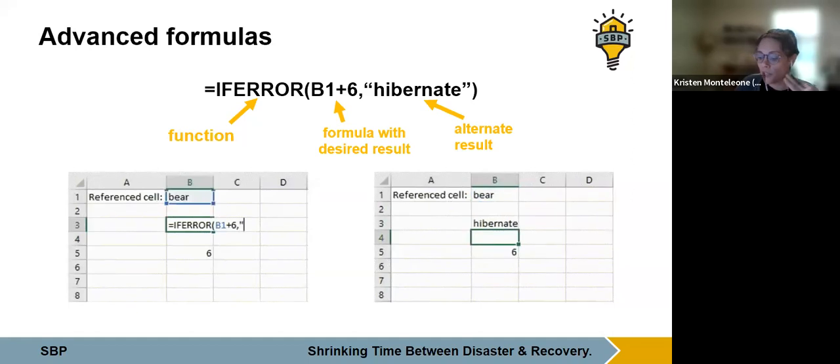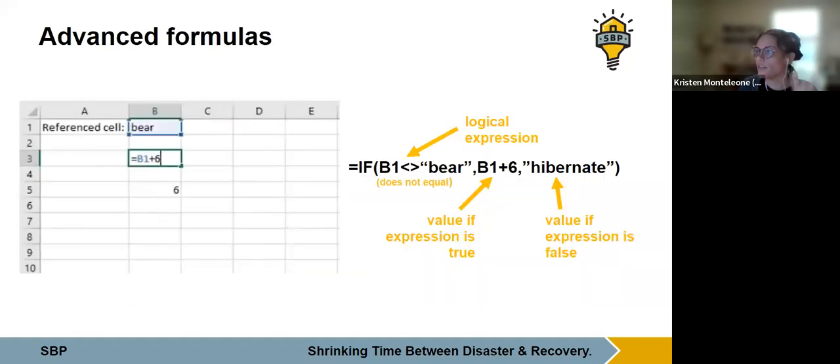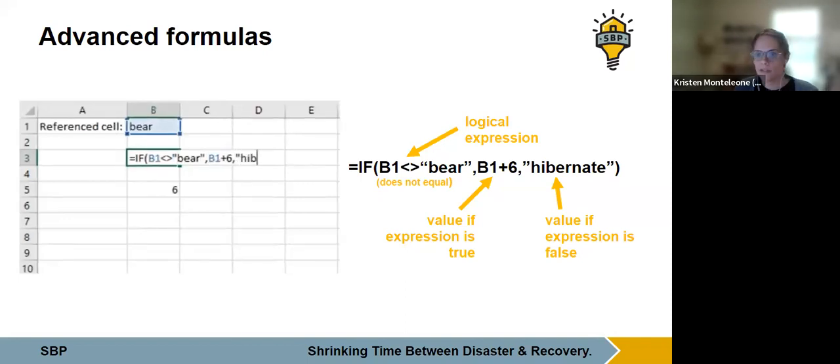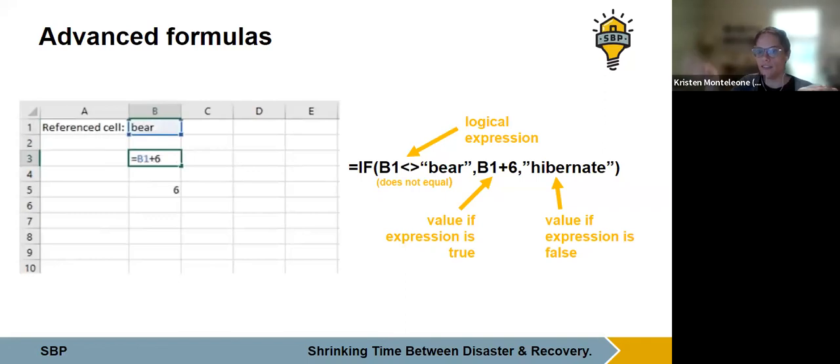So this introduces a really important idea, which is IF. IF is a logic formula that's used in programming as well, obviously, but it is super helpful. The concept translates into a lot of different functions in Excel. The structure of IF is, if one thing is true, then this; if it is false, then that.